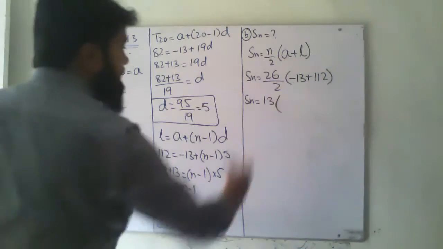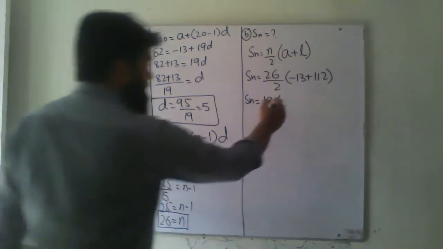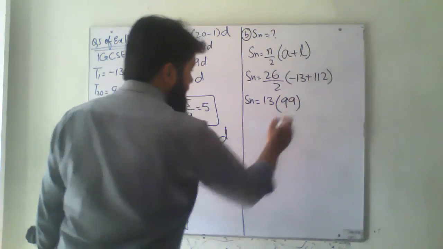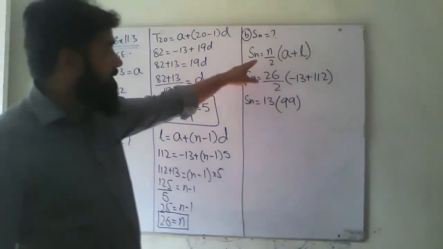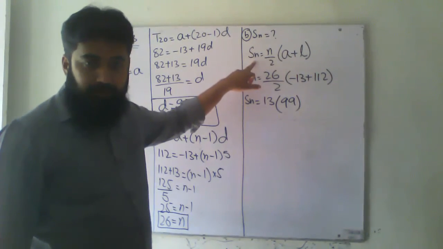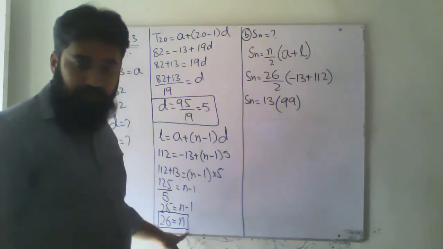What they are giving us is 112 minus 13. Okay, so the answer is coming 99. What I have done is simply plotted all my values in this. Sn I have to find. N is 26, which I have found from here.